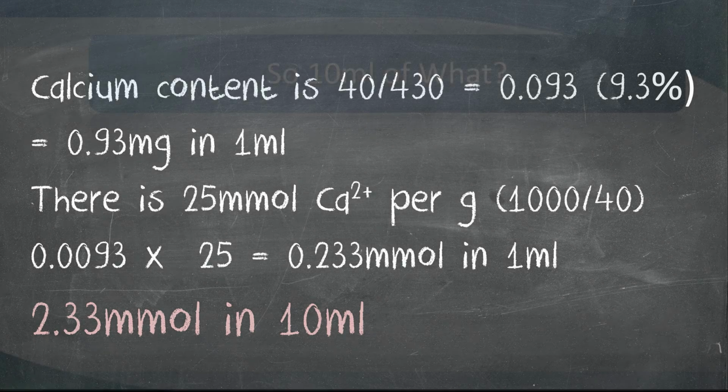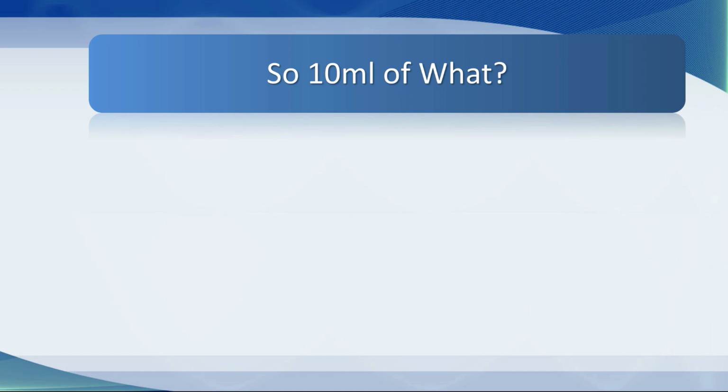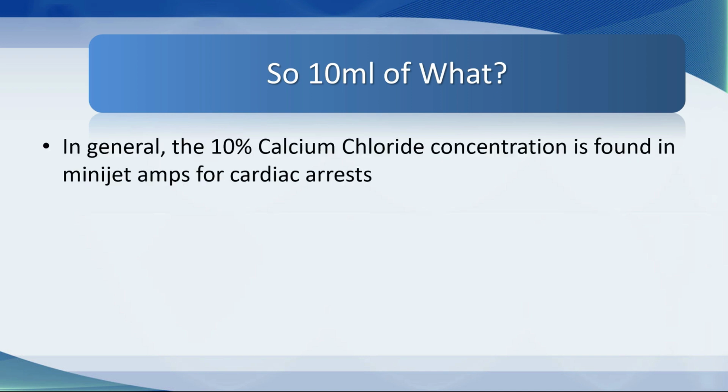So with respect to Yvonne and her twitchiness and her hypoparathyroidism or hypocalcemia after her parathyroidectomy, in general, what would we give? 10% calcium chloride is what's found in the mini-jet amps in cardiac arrest. You certainly could use it in this situation.